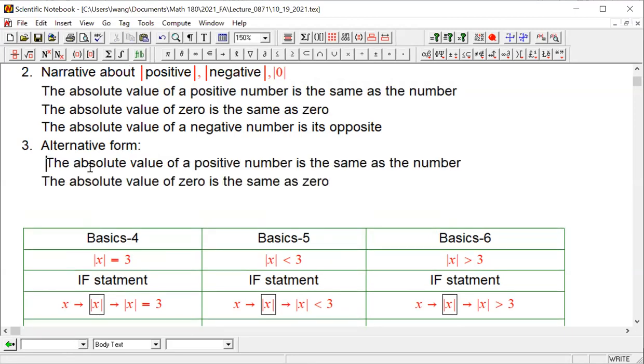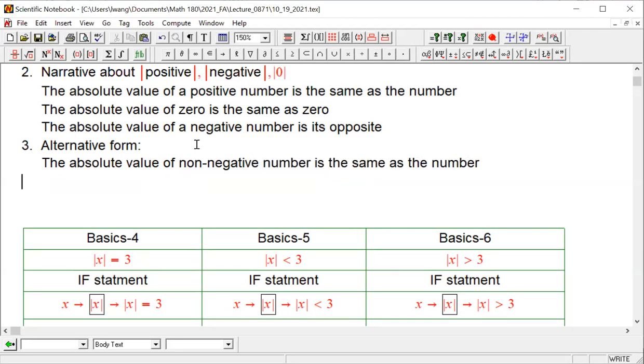So it's a positive number or zero. Positive number or zero, we call it non-negative. Non-negative number. So these two sentences are combined.